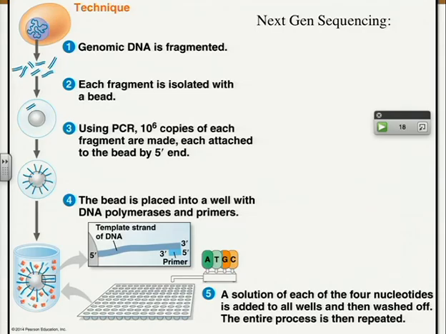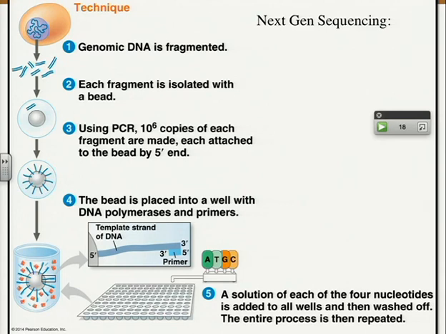I'm not going to go through them in detail, but just to give you an idea of the power of this kind of sequencing. In this kind of sequencing, you're not sequencing one fragment at a time. You're actually sequencing thousands of different fragments all at a time.